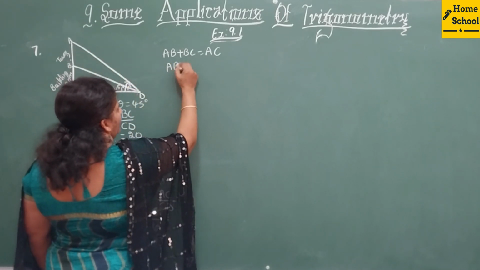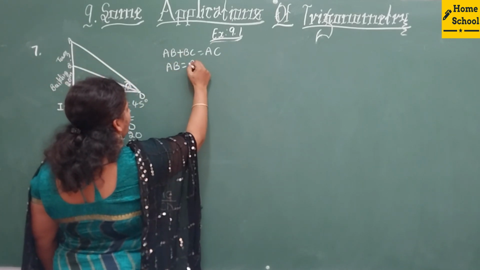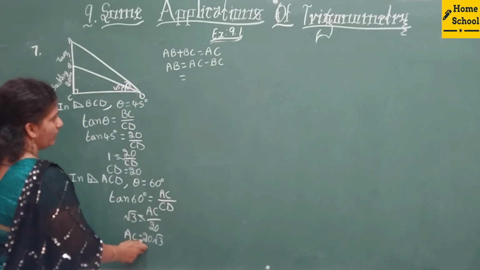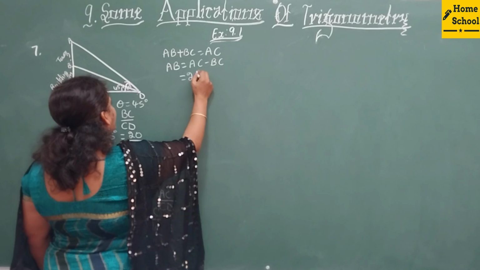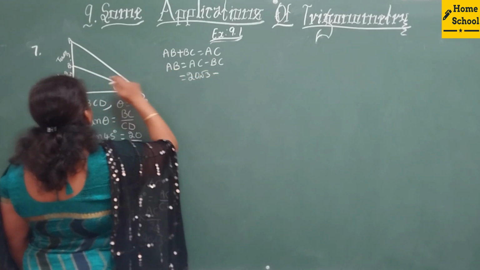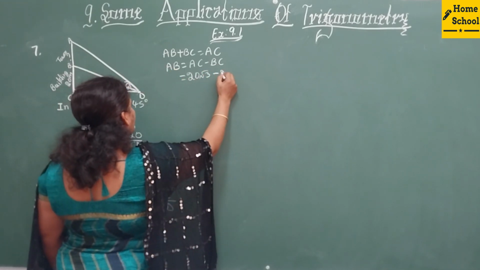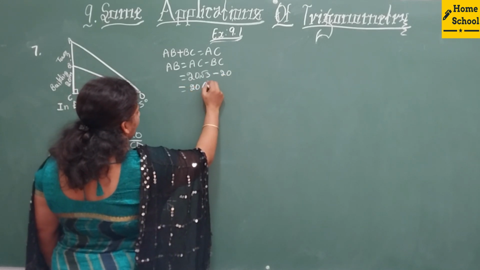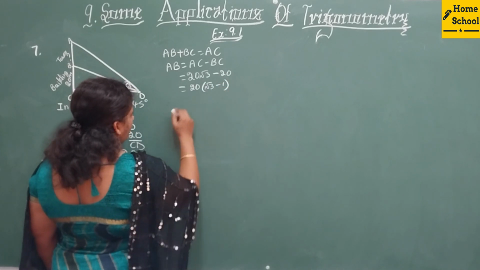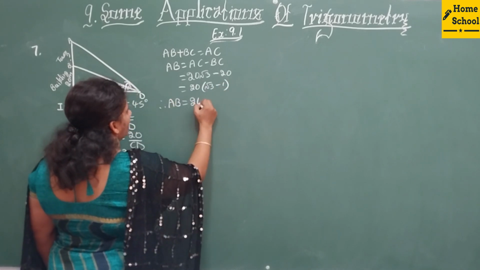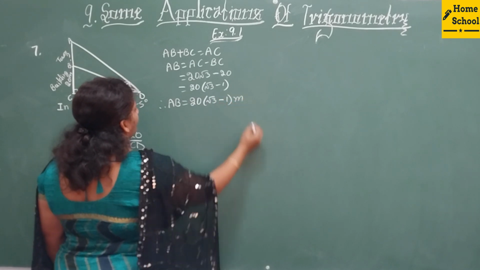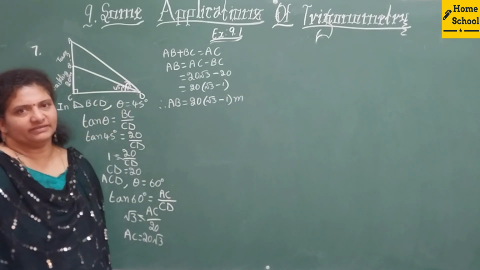We need AB. Send this BC other side. AC minus BC. AC is equal to 20 root 3. BC already given. What is BC? 20. Now take out 20 common. 20 into root 3 minus 1. Therefore, the height of the tower is equal to 20 into root 3 minus 1 meters.